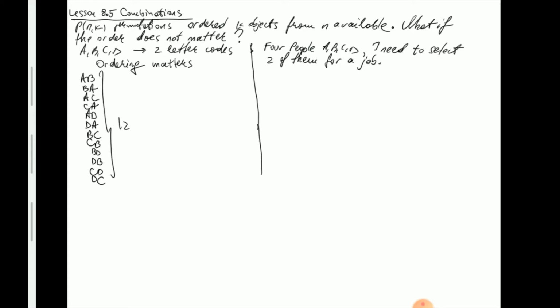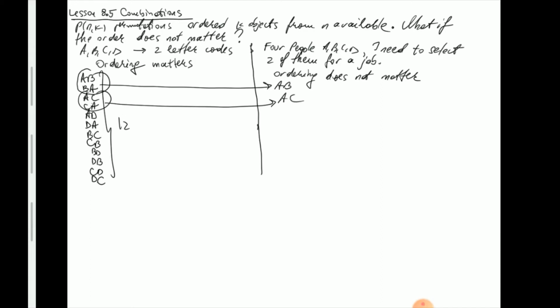But if order doesn't matter, and please compare it here with the left column, in this case, ordering does not matter. In which case, A, B, and B, A, it's really the same selection. AC and CA is really the same selection. I selected person A and C. BC and CB is really just one selection.